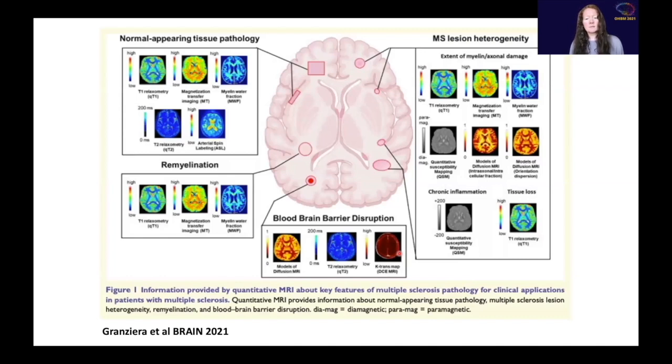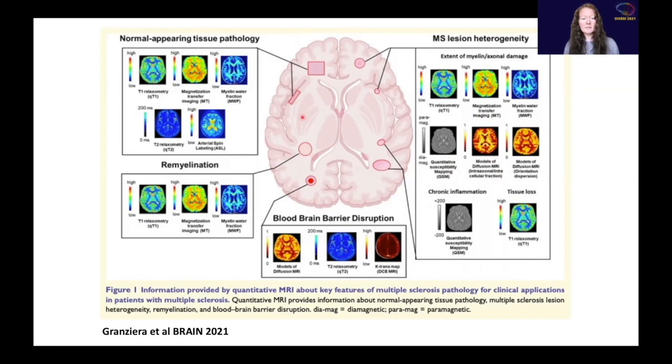In this recent paper by Granziera and others, there's an overview of quantitative MRI methods that are relevant to multiple sclerosis. And here they show diffusion MRI, the example I just showed you, in understanding blood-brain barrier disruption and looking at lesion heterogeneity.